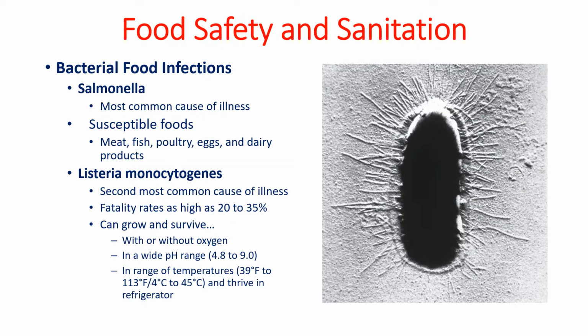Salmonella, you may have heard of salmonella. It is the most common cause of foodborne illness in this country. And susceptible foods, I think most of the time when we're talking about salmonella, people talk about eggs and poultry products like chicken. But you can get salmonella from meat, fish, dairy products. You can also get it on fruits and vegetables if they've been handled improperly.